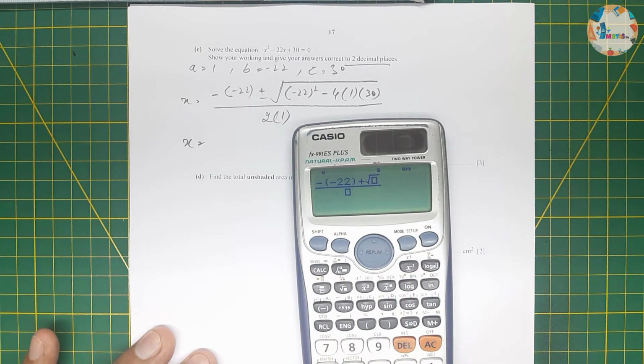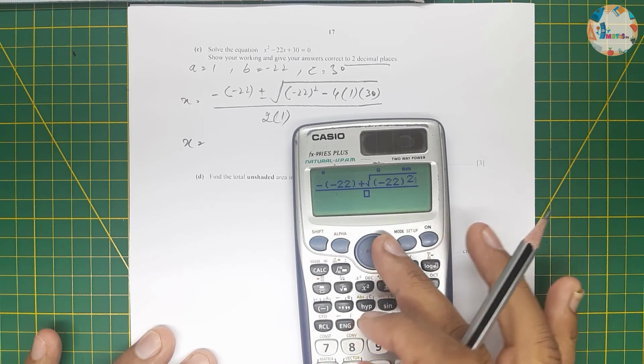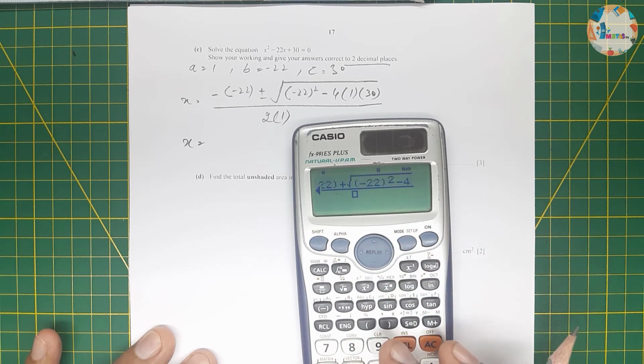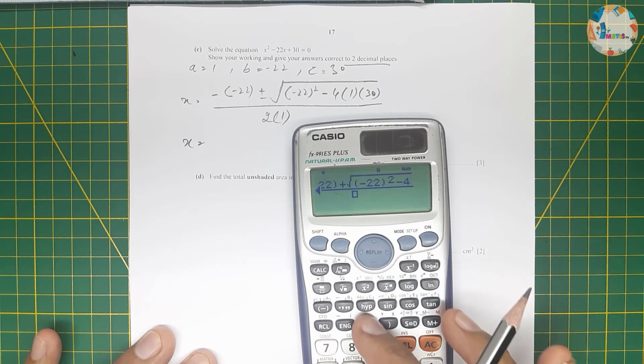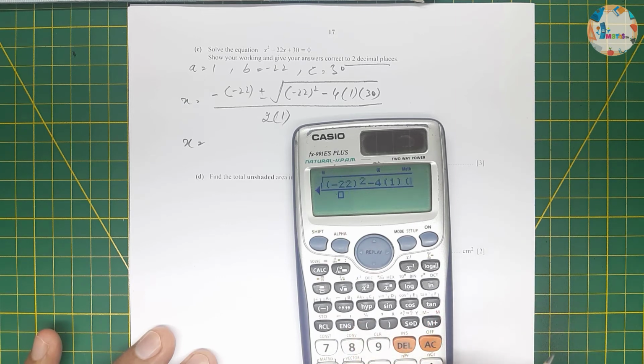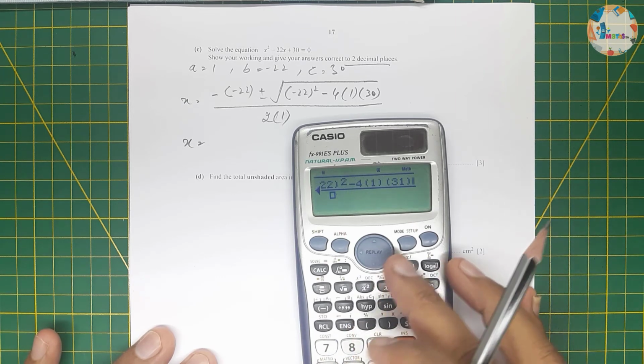So this is under root of minus 22 whole squared minus 4ac. So a value is 1, and c value is 30.